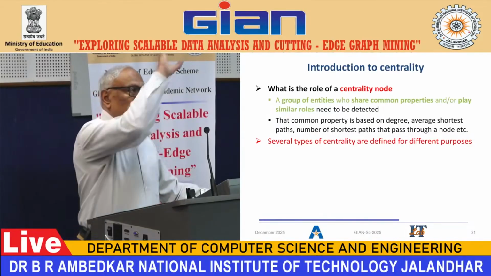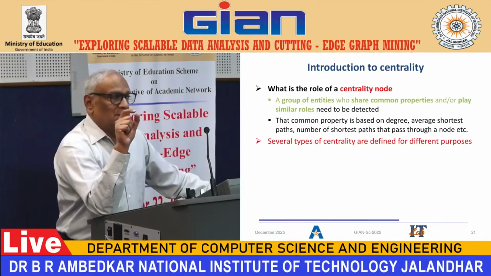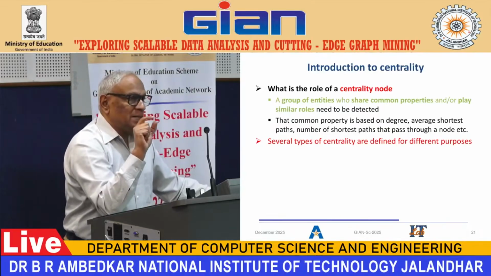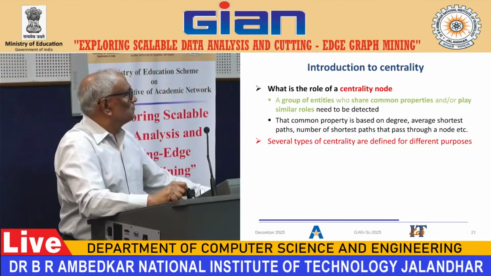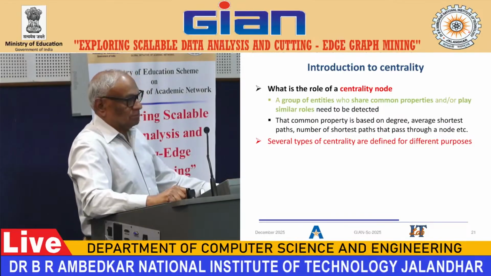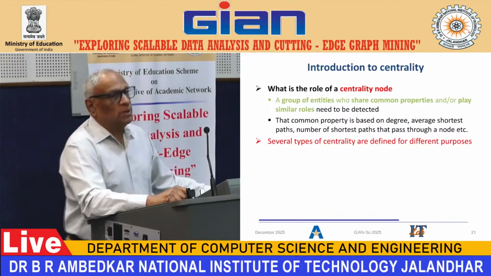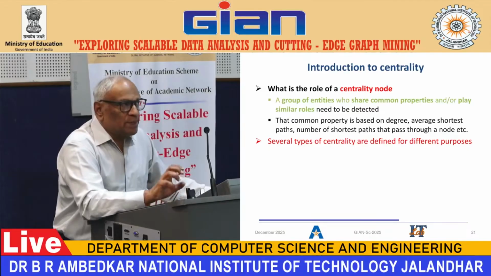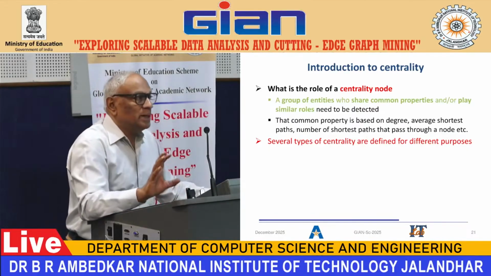This explanation is the same as for community, but the property varies. In community, the property is connectivity, denseness. Here, it is something else. The common property is based upon degree, average shortest paths, or the number of shortest paths that pass through a node. So the property is different, but the general computation, what we are trying to find, is the same.